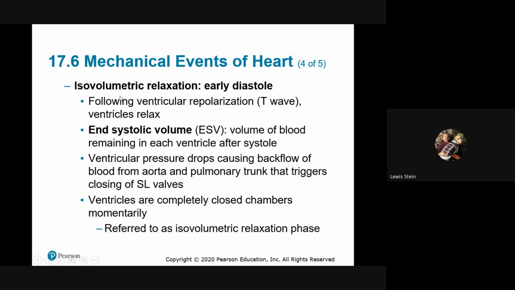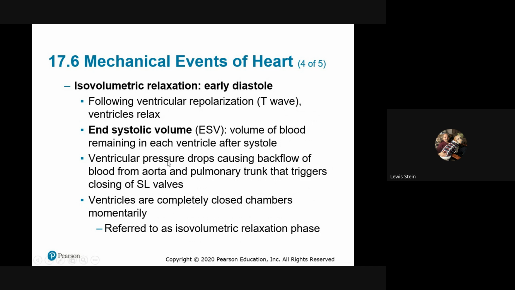So at that point, it relaxes early, the ventricles repolarize, and we get the end systolic volume, the volume of blood remaining in each ventricle after systole. And you're going to see it's surprisingly more than you would think that's ejected.